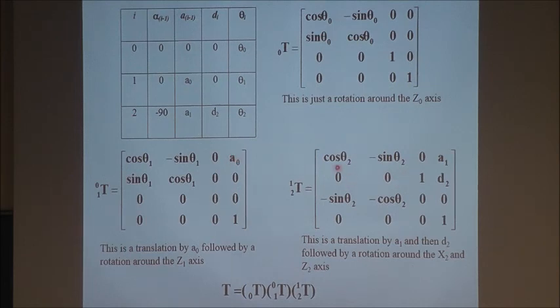Ended up with a translation and rotation along the z2 axis, a d2 value. These three matrices are multiplied together to give you the DH matrix of the entire robot. Okay.